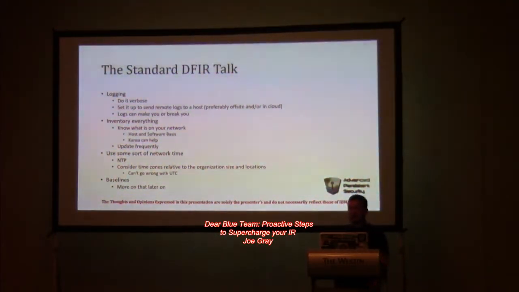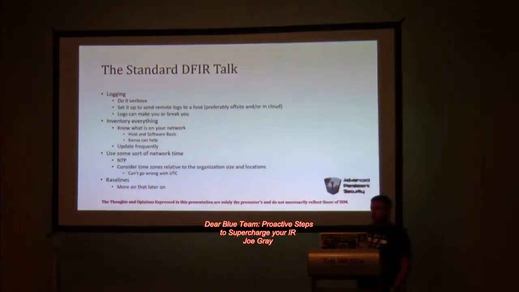Inventory everything. Critical security control number 1 and number 2. Have an inventory of authorized and unauthorized hardware and software. If you don't have those, I mean, how do you know what's on your network? How can you effectively defend and respond to threats in your network if you don't know what's there? Give you a hint, if you do vulnerability scanning, you might be able to find it.